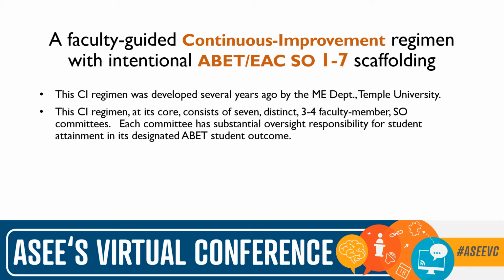At its core, the CI regimen consists of 7 committees, one dedicated committee for each of the 7 ABET student outcomes. Each committee consists of 3 to 4 faculty, and the committee has oversight responsibility for its designated student outcome, including carrying out assessments and recommending program remediations.